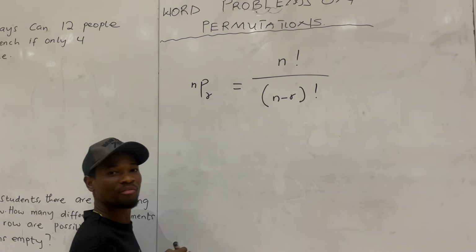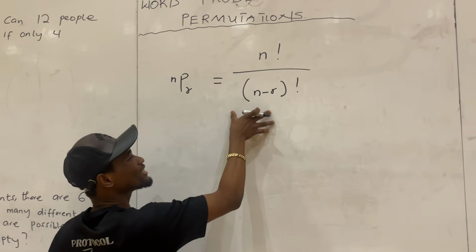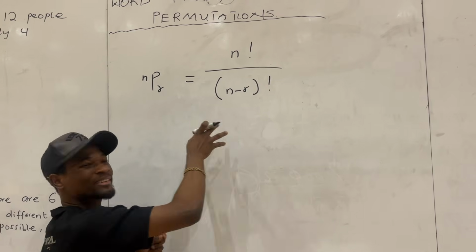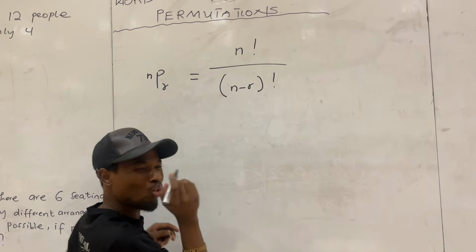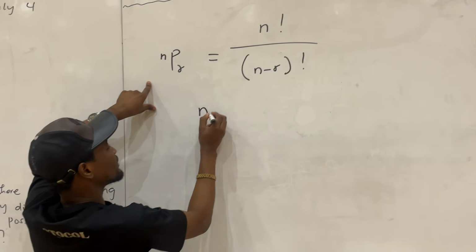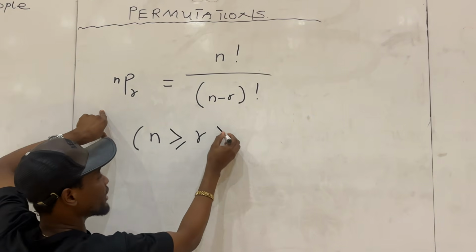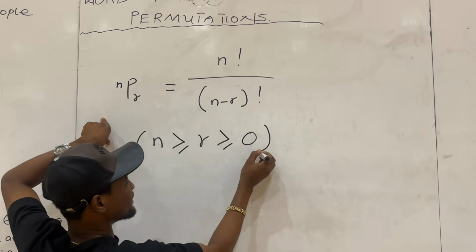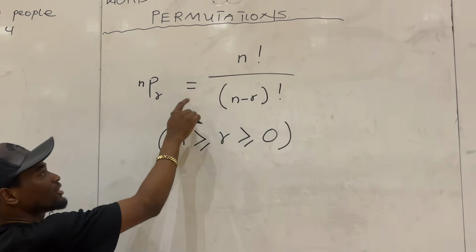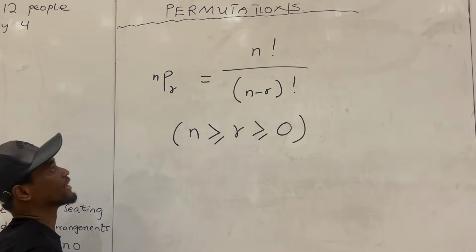Then all factorial. And this equation is valid or true when n is greater than or equal to R, greater than or equal to 0.